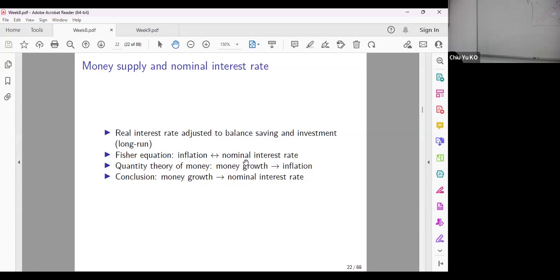So that means that if you think things are growing, we print more money, the interest rate will go up, right? And if the interest rate goes up, then you would also expect other financial assets or non-financial assets to go up, right?